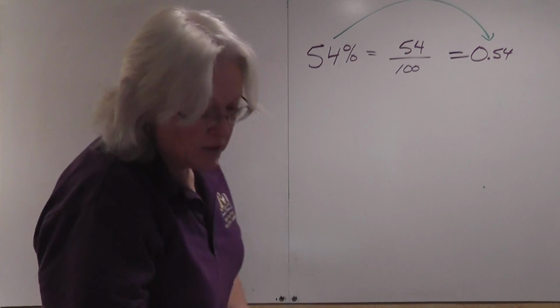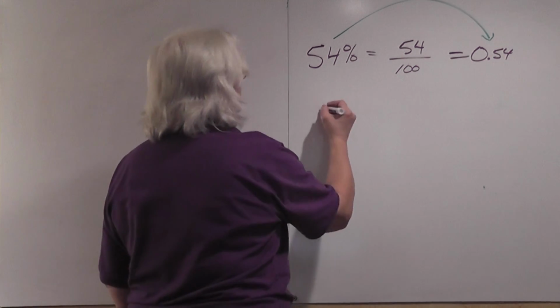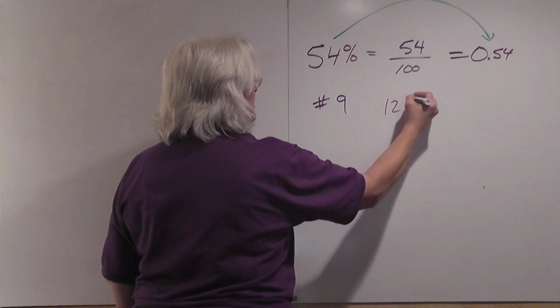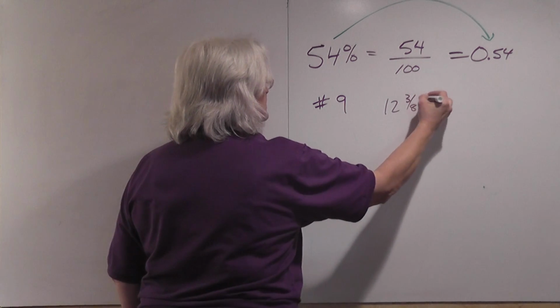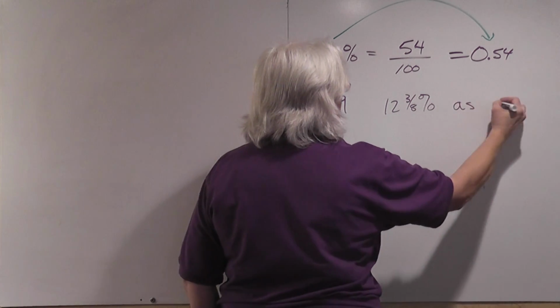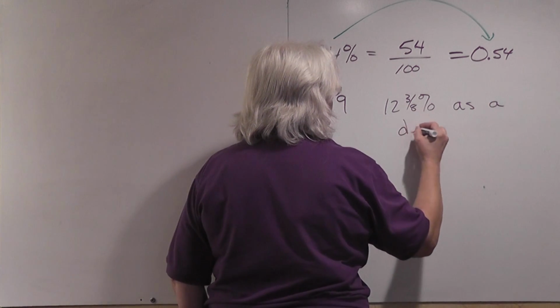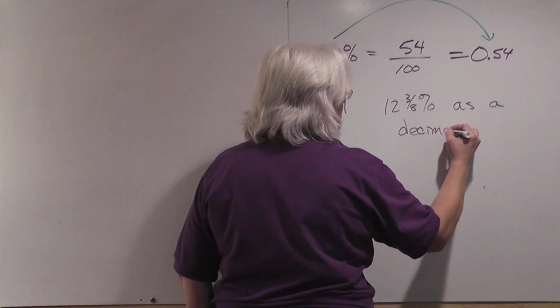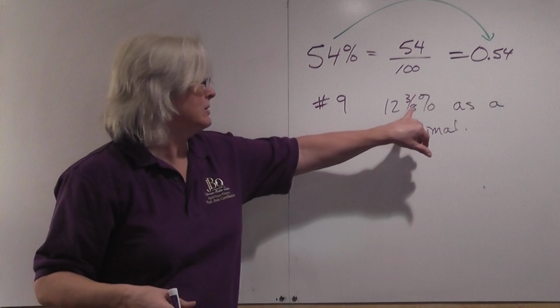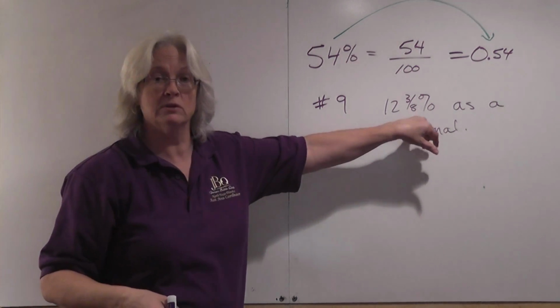12 3/8%. This is number 9. And we want to express 12 and 3/8% as a decimal. What do you do? First, convert the fraction to a decimal.